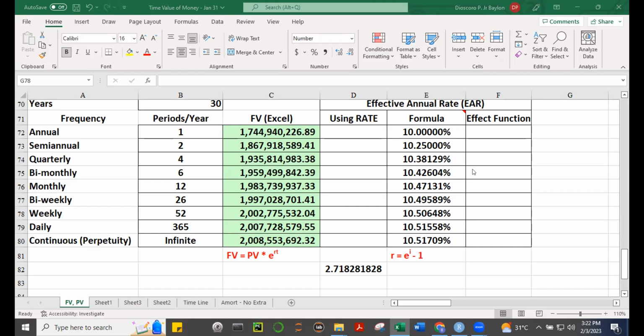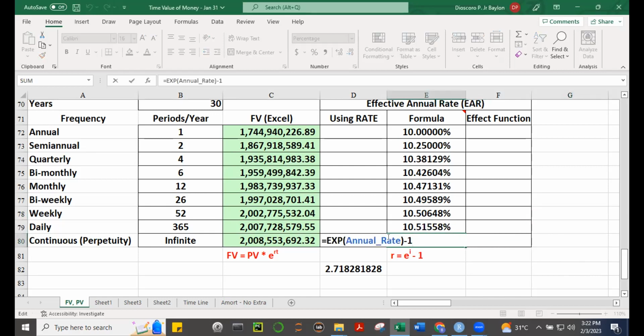Hello, sir. Yes? Sir, the one for infinite, the formula is e to the i minus 1. Let me flush that. So that's e to the i. Your i is your nominal rate. Yeah, e to the i and then minus 1. It's not e times i, right, sir?